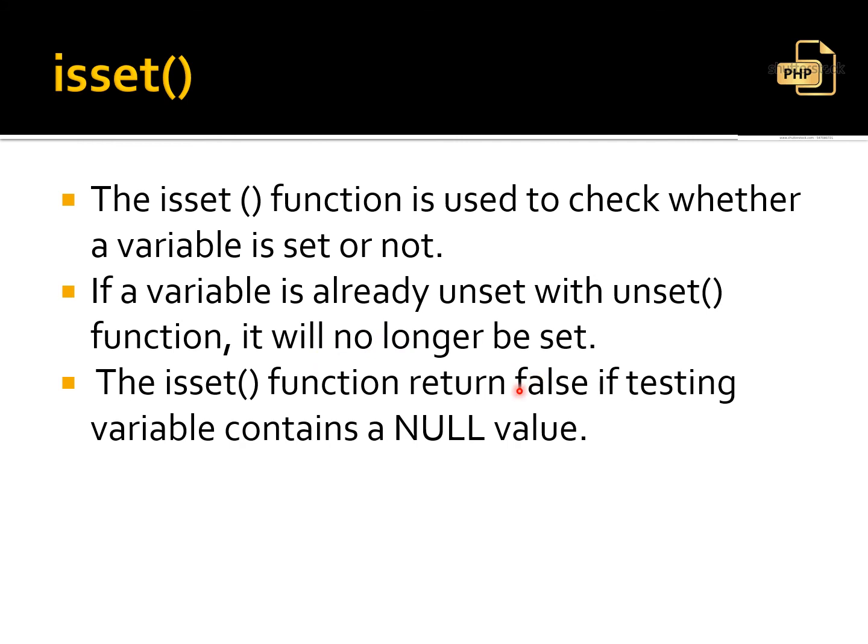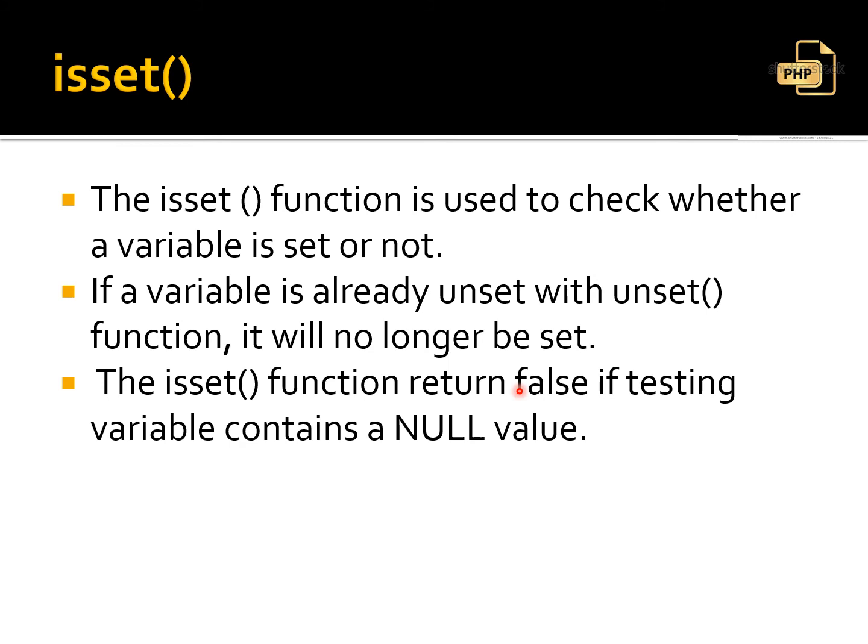If our variable name is used with the unset function, it will delete all the data in the corresponding variable and the variable has a null value. So in such a situation, we are not able to use values of that particular variable.